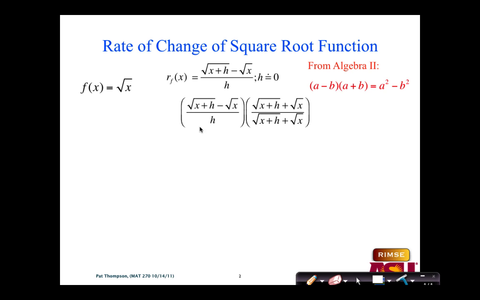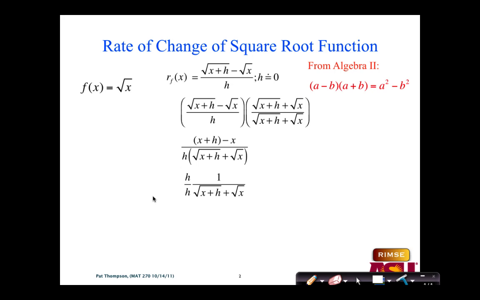So the numerator of all of this is x plus h from squaring the first two terms, and x from squaring the second two terms. The cross terms from distributing cancel out. They're opposites of one another due to the plus and minus sign. But this numerator, you can see, simplifies down to just h. And I can factor out that h and reduce it with the denominator.